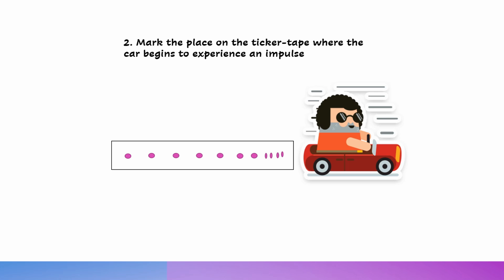So looking to our ticker tape, we know acceleration occurs when the distance between dots begins to change. So for this particular ticker tape, that looks to be around the 6th or 7th dot. So that is where the car begins to experience an impulse, and it experiences the impulse for the duration of the ticker tape.